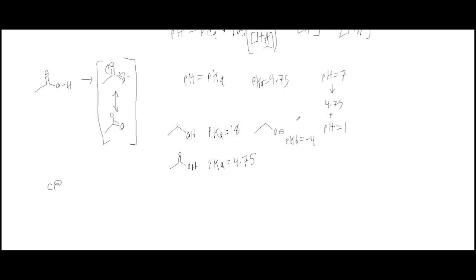So we see this is a very strong base. And so if it's in a solution of water, it's going to quickly snatch up this hydrogen here, and it's going to end up back as this species. So this is not a strong acid, where this is a fairly strong acid.